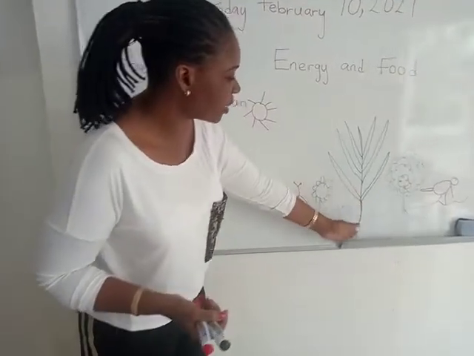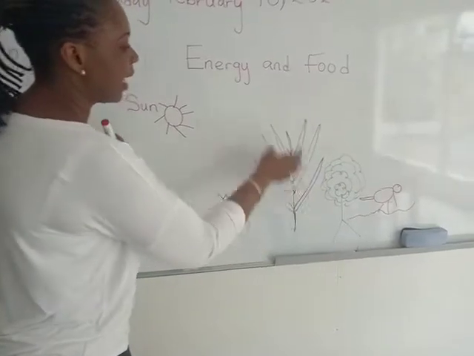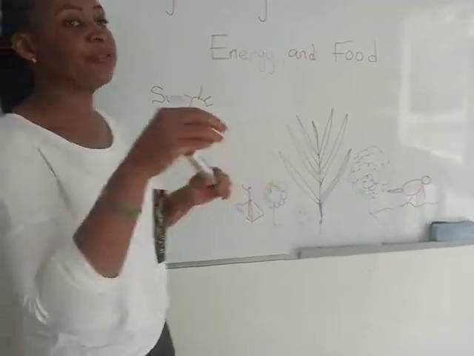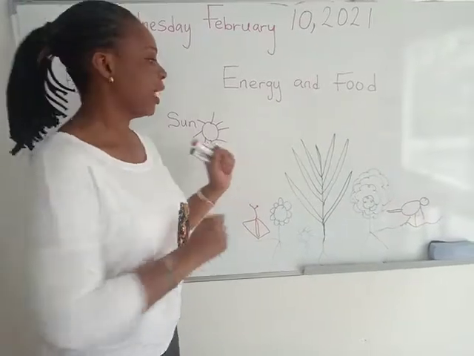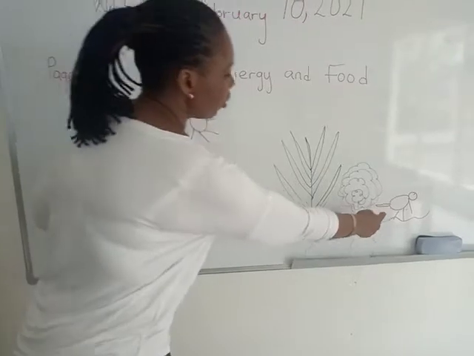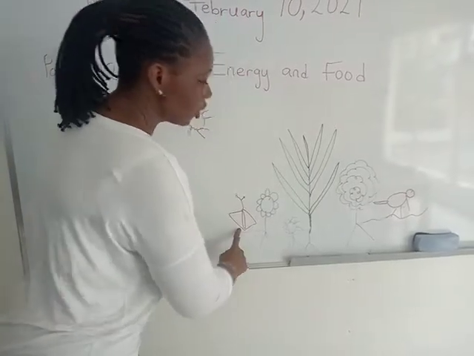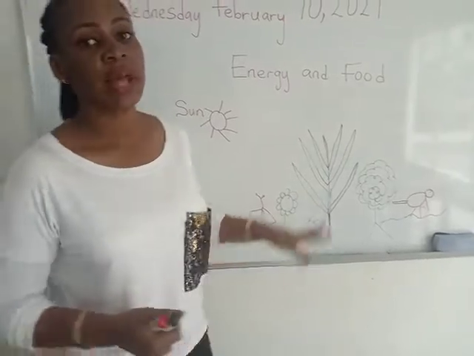We have different plants, not just human beings. The sun shines on green plants and it helps the plants to make food. I also think you saw that in the previous video, okay? The sun shines on green plants to help them make food, and also on animals. Not just on human beings, it also shines on animals and helps to give energy.